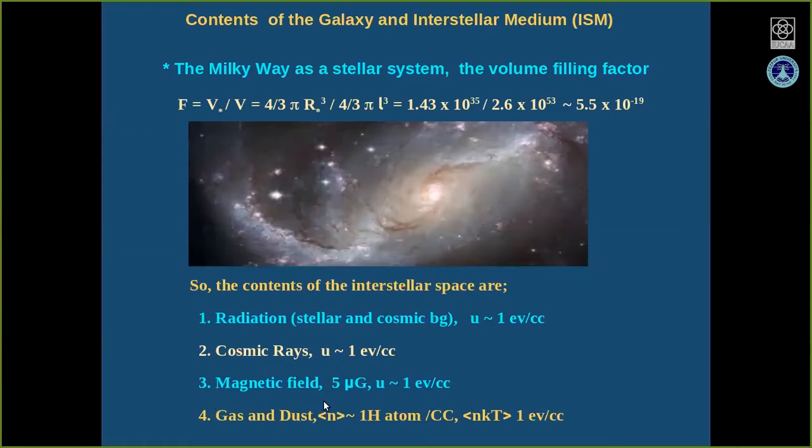Third is the magnetic field. The strength of the galactic magnetic field is very small, nearly 5 microgauss, but still it plays a very crucial role in astronomy. Without a magnetic field, we cannot imagine our Milky Way, or any celestial object in this universe. And the energy density is 1 electron volt per cc.